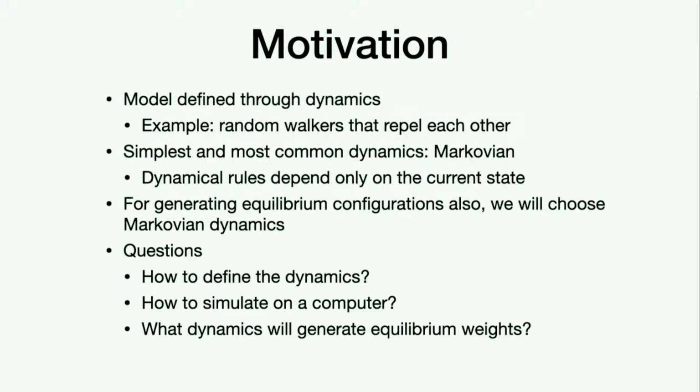I have to choose some dynamics, and we will choose something called Markovian dynamics, which means that the new configuration only depends on the configuration at the current time. So if I know the current configuration, I can tell you probabilistically what the next configuration is going to be. Once I choose the dynamics, the questions are: how can we define the dynamics so that we get the correct equilibrium weight? How do you simulate on a computer? And what dynamics will generate equilibrium weights? If I could answer these three questions, then I just have to put them on a computer and you can do complicated problems as and when they come.